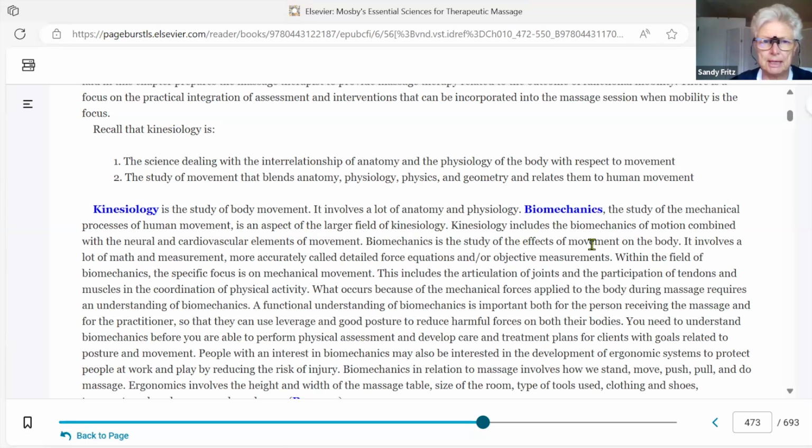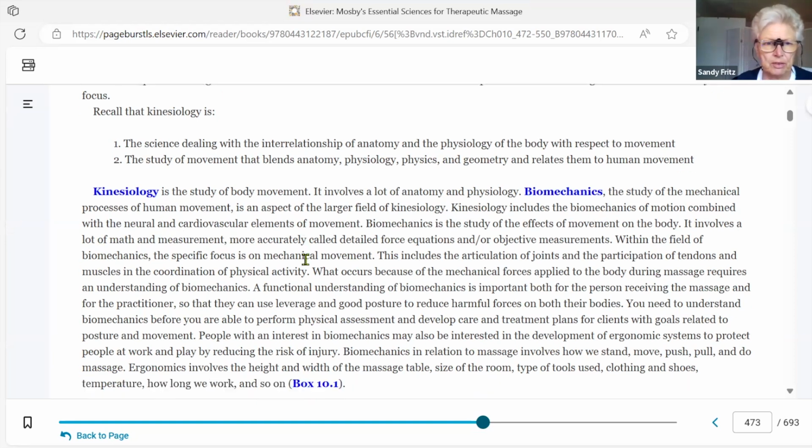So biomechanics is a larger field than kinesiology. Kinesiology includes the biomechanics of motion, and then combined with the rest of the system's involvement with it.